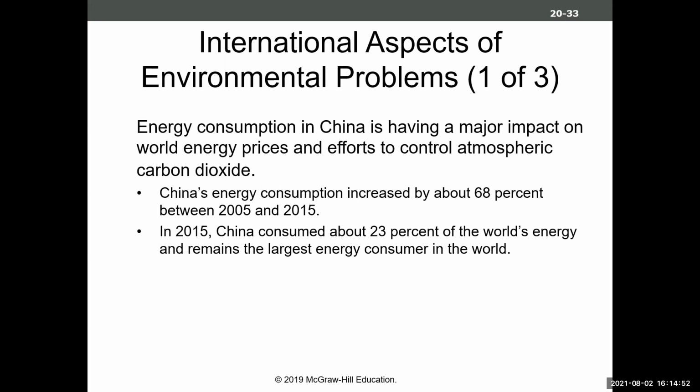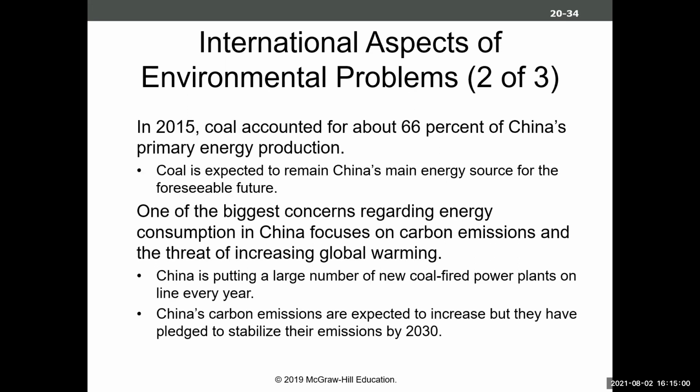And then in 2015, China consumed about 23% of the world's energy and is still the largest energy consumer in the world. In 2015, coal was 66% of China's primary energy production source, meaning that they're releasing a lot of carbon dioxide. One of the biggest concerns on this consumption is the carbon emissions from those coal-fired power plants. And they're just expected to increase.